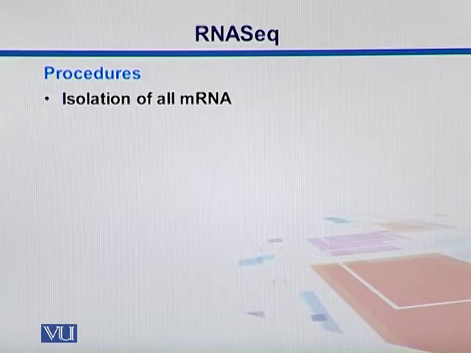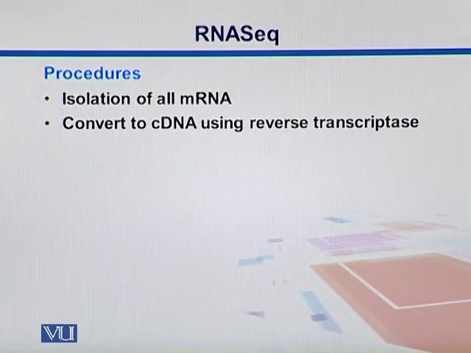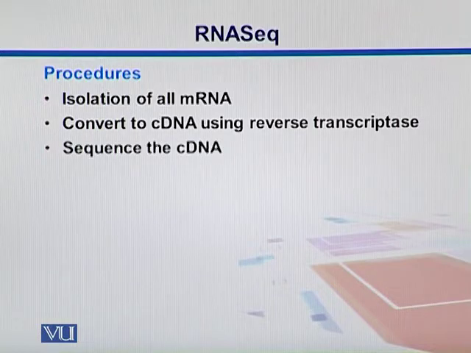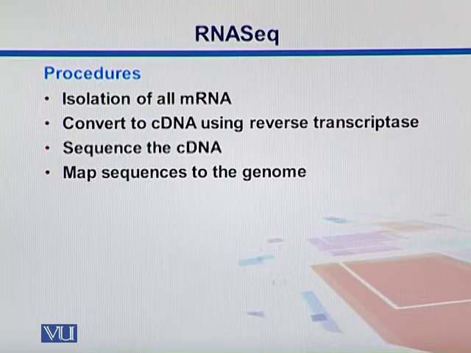They design some oligo dTs which get attached to those tails and then capture them. Since RNA is overall less stable than DNA, the mRNA is converted into cDNA using reverse transcriptase. Then this cDNA is sequenced, and these sequences are mapped to the genome.